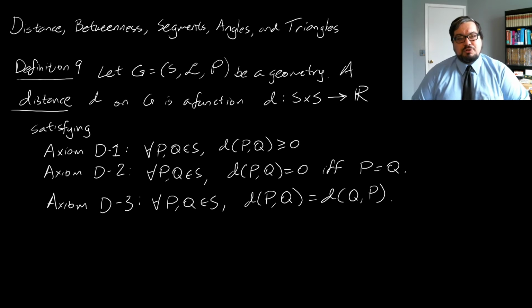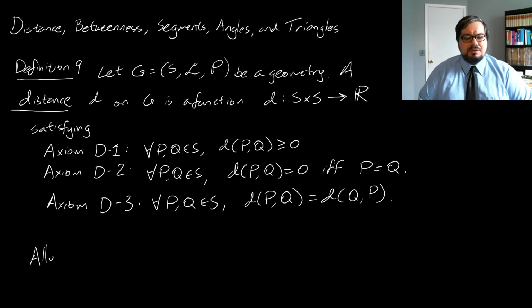We're going to want to introduce another axiom, although we need a little bit of terminology first. And the reason why these 3 axioms themselves aren't good enough is that they allow us to define some really rather silly distances.